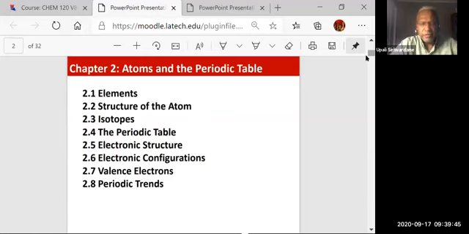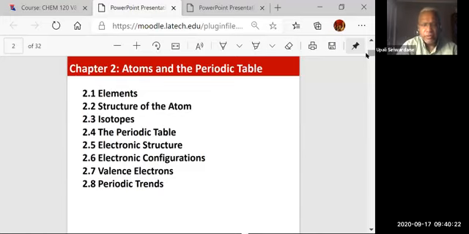Then we go into the structure of the atom and talk about subatomic particles, atomic structure, nucleus, electrons. Nuclei are made up of neutrons and protons. There are some elements with different masses because they contain different amounts of neutrons. They are called isotopes, for example, carbon-12 and carbon-13.